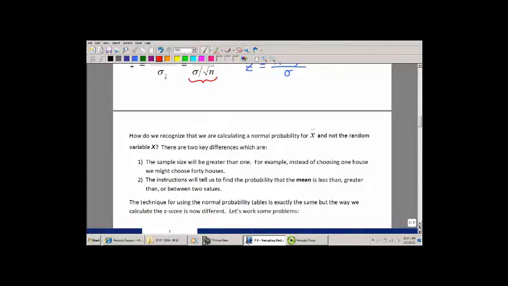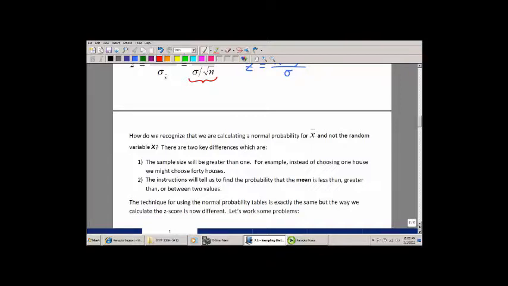Now, oftentimes where students have trouble on this is how do we recognize when we're calculating a normal probability for x bar and not random variable x? Like, how do we distinguish the difference when we read a problem? Now, there are two key differences. First of all, the sample size will be greater than 1. For example, instead of choosing one house, we might choose 40 houses.